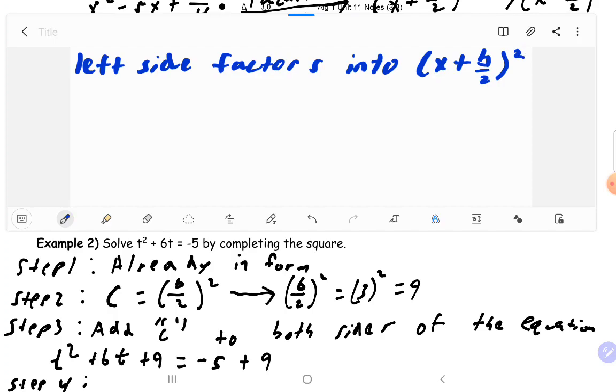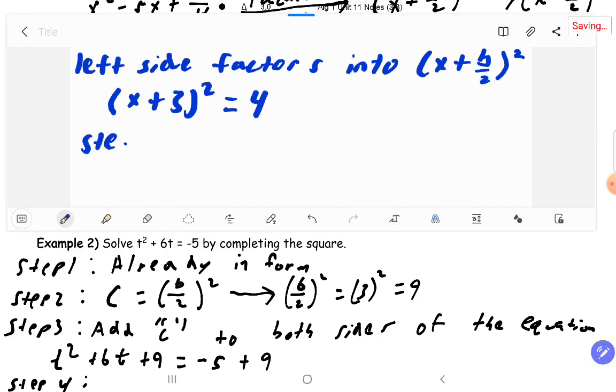We know that b divided by 2 is 6 divided by 2, which is 3. So my left side is going to look like this: x plus 3 quantity squared. And then my right side is just negative 5 plus 9, which is positive 4.